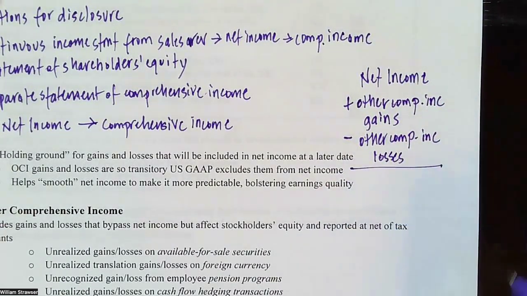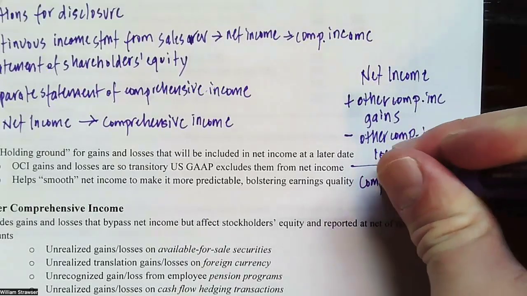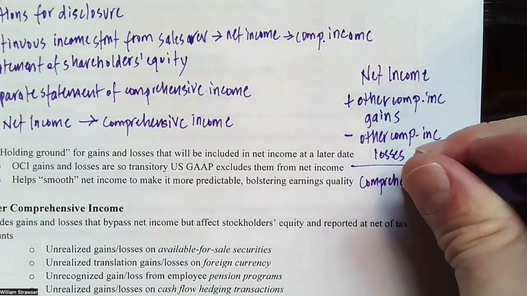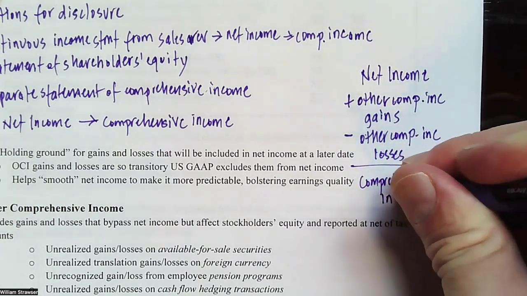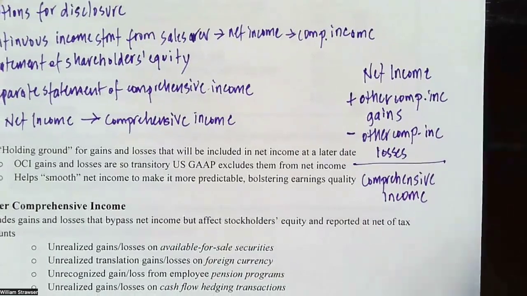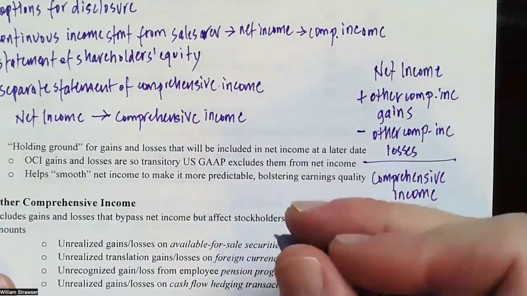And after we do that, we have comprehensive income. So we now have two of the abbreviations you will commonly see.